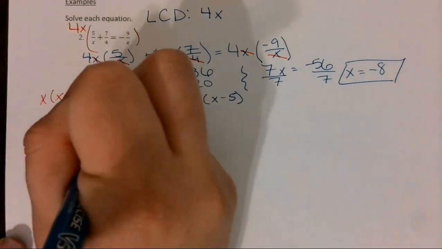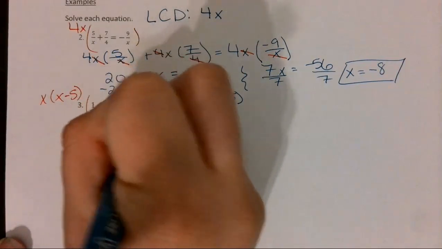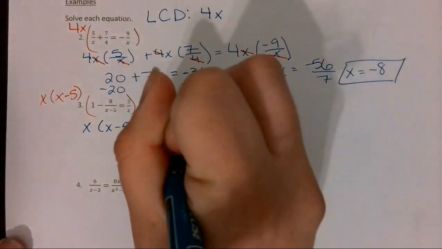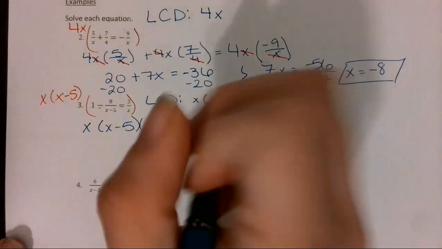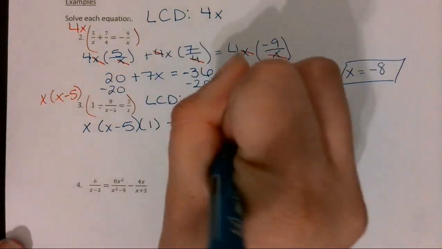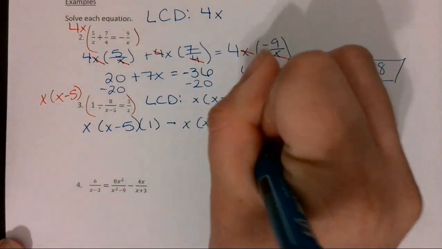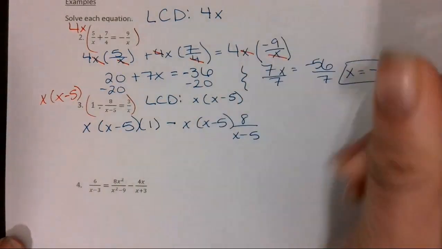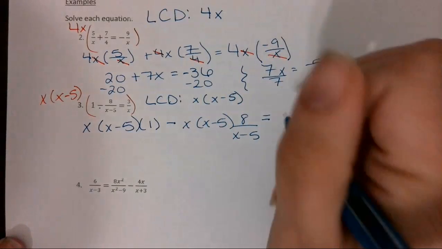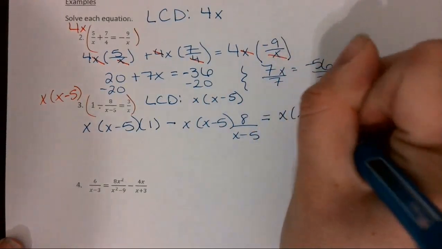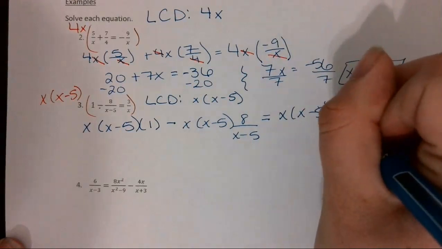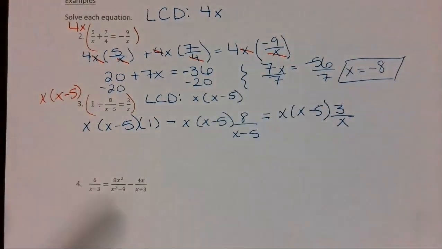I have x times x minus 5 times 1 minus, from the sign right there, x times x minus 5 times 8 over x minus 5 equals 3. X times x minus 5 times 3 over x.